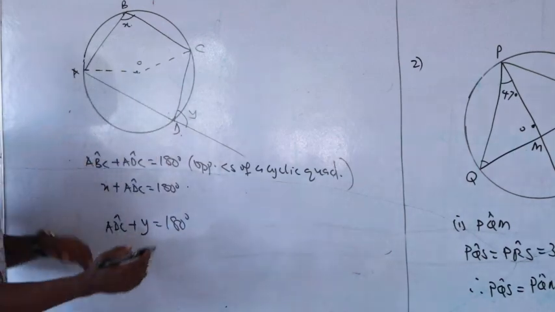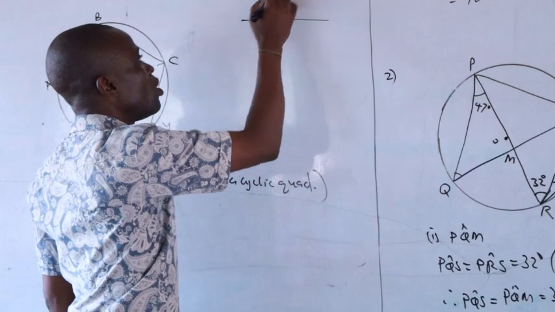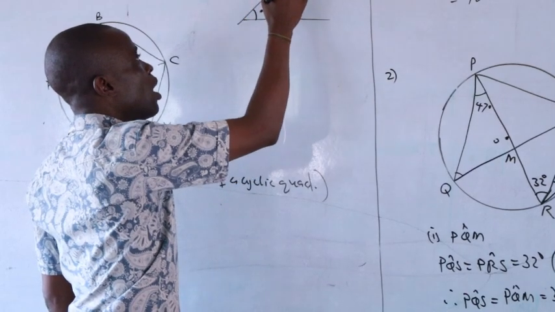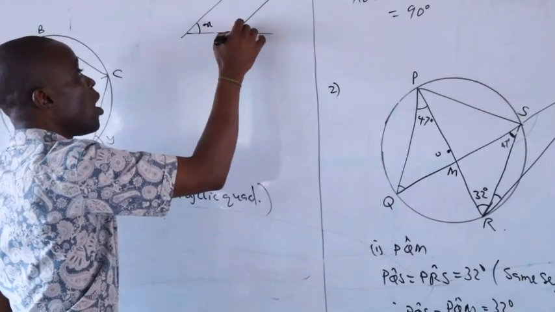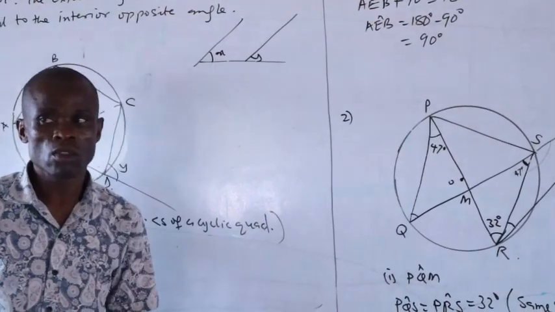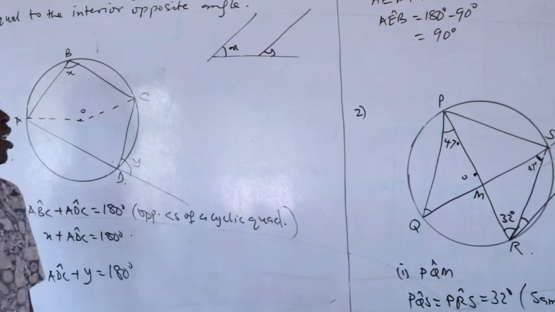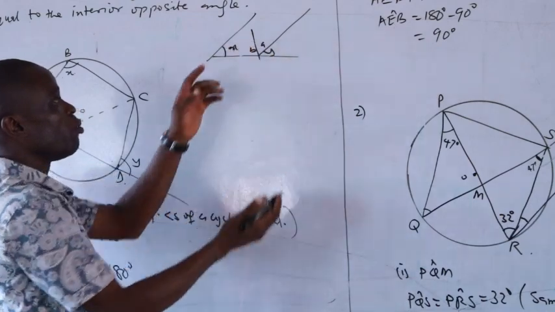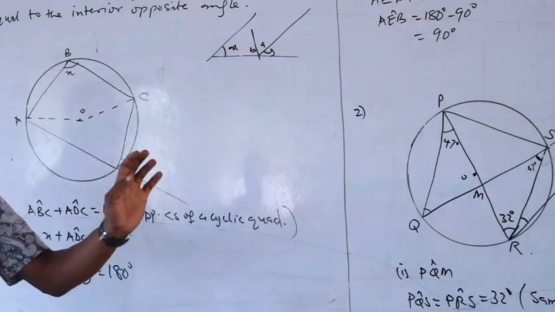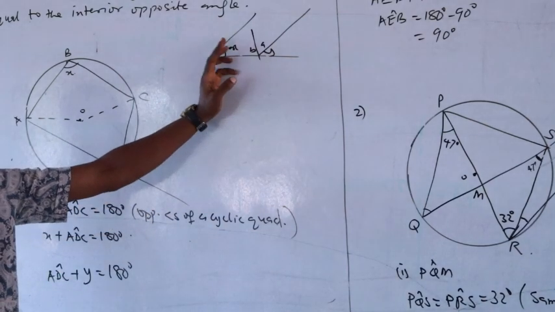When you have something like this, if you have an angle here and another angle here, maybe X and Y, X plus Y is not equal to 180. That is not what is called sum of angles on a straight line. If you have this, AB, B plus A plus Y is 180. That is sum of angles on a straight line. But for X and Y, you cannot say sum of angles on a straight line.